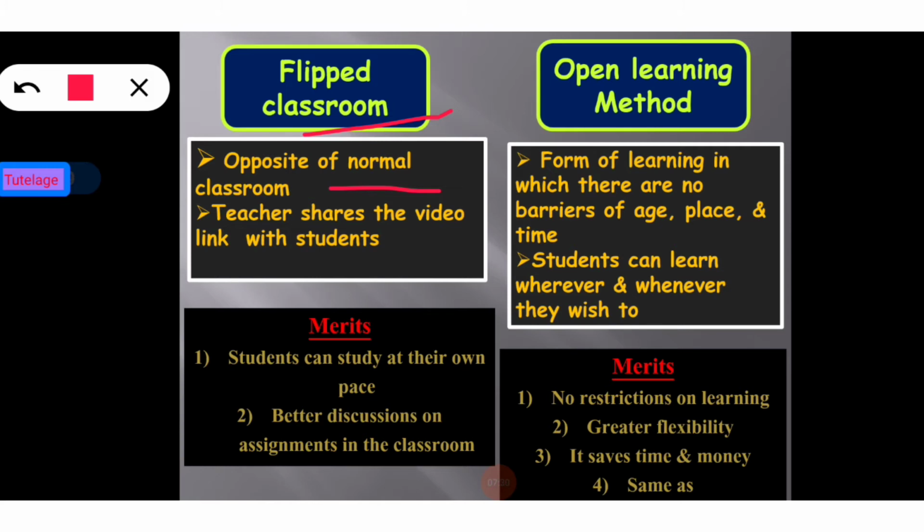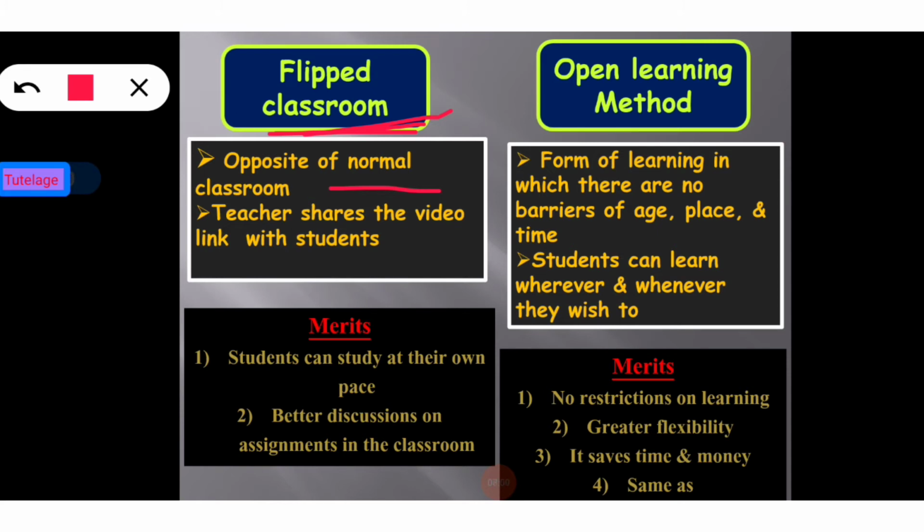It is a modern concept that has become popular since 2007, where teachers record their lectures and share them with students, and it is named the flipped classroom. Okay, so what is a flipped classroom? Where teachers record their lectures and share them with the students, it is called the flipped classroom. Okay, so it is just the opposite of a normal classroom.